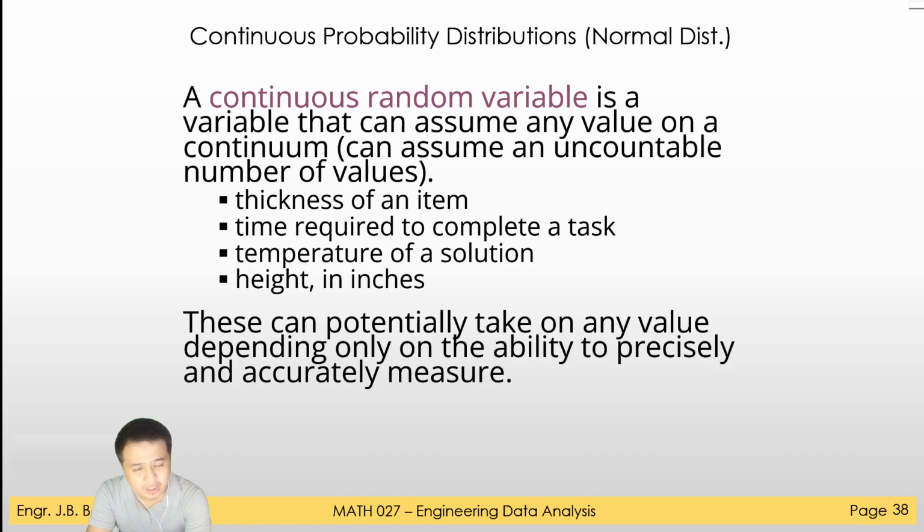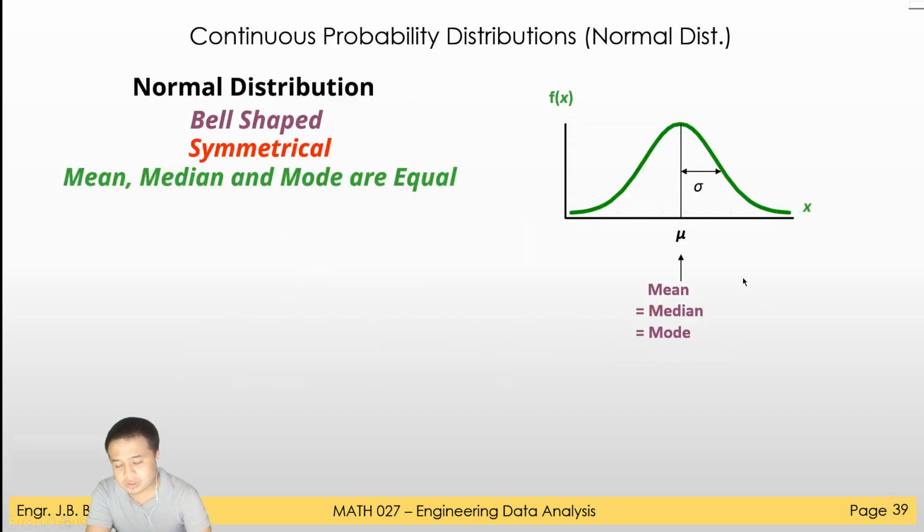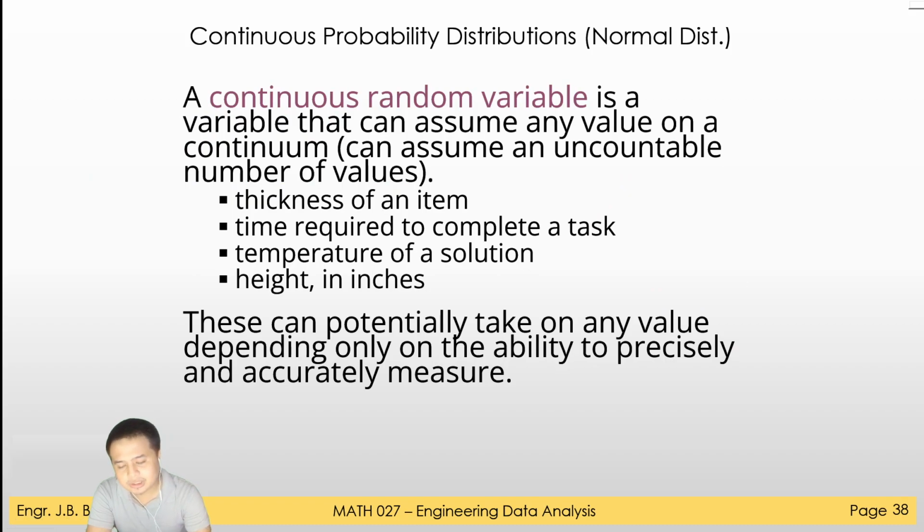Everything that can be represented with decimal numbers is continuous. So the thickness of an item, time required to complete a task is continuous. Temperature of a solution, height, and so on. It depends on the precision and accuracy of your measurements how closely it will resemble your probability.